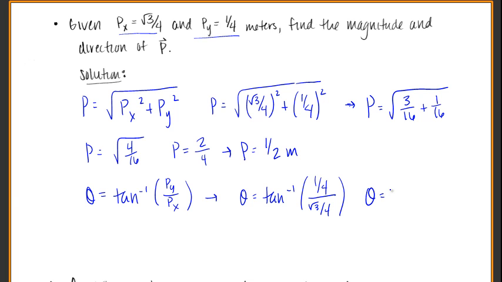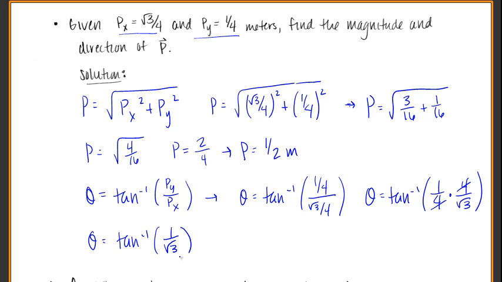Let's see if it's something we can recognize. 1/4 times the reciprocal of the bottom, so 4 over the square root of 3. It looks like something we might know: the tan inverse of 1 over the square root of 3. If I rationalize that, it's the square root of 3 over 3. That actually does look familiar.